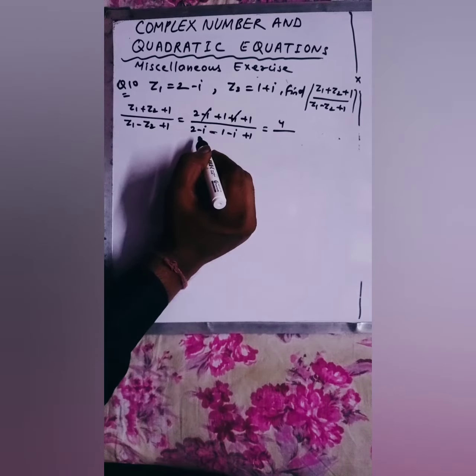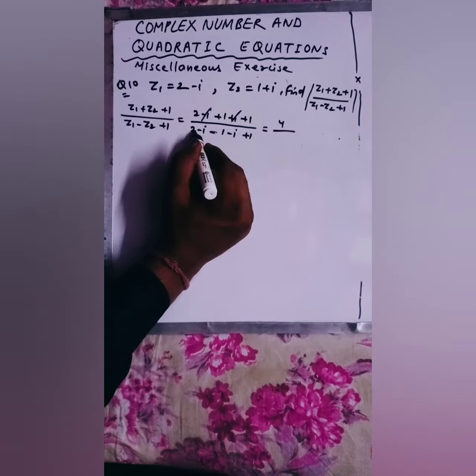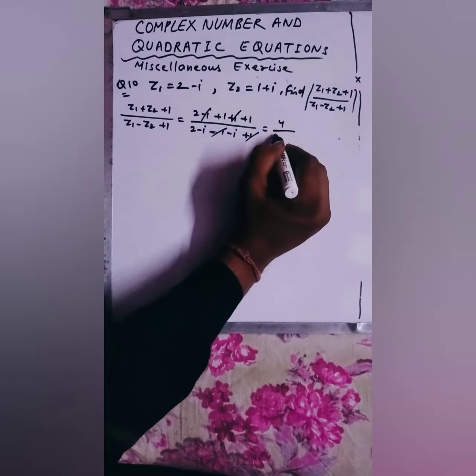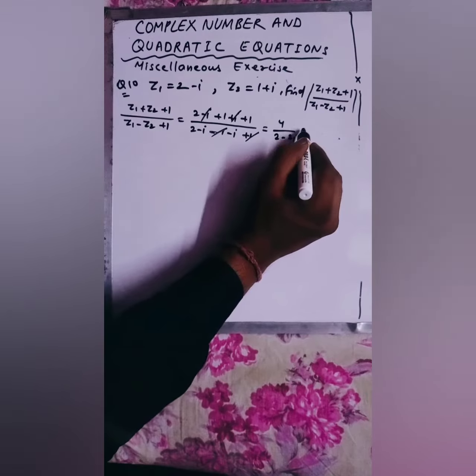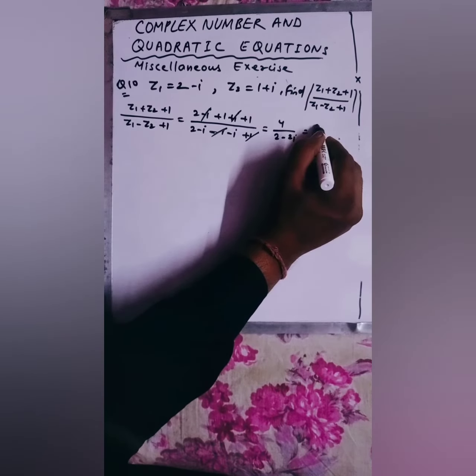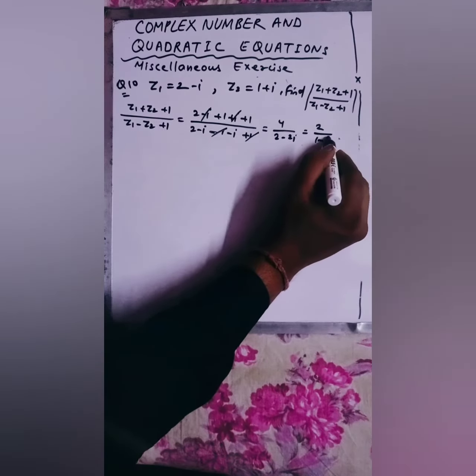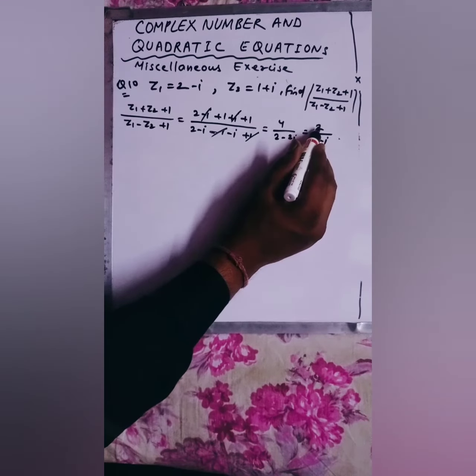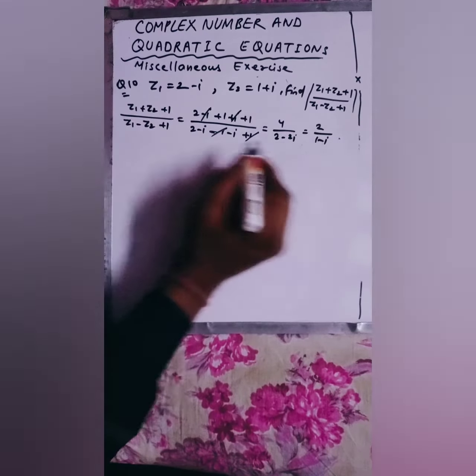Similarly, this 1 and 1 will cancel out, and here you will get 2 minus 2 iota, and simplifying, you will get 2 into 1 minus iota. You can take 2 common from the denominator and cancel with 4, and you will get 2 over 1 minus iota.